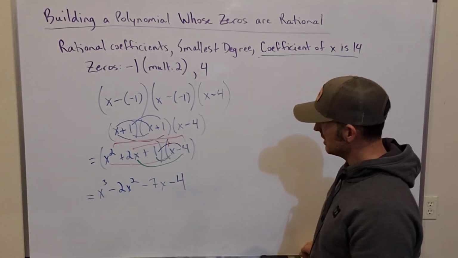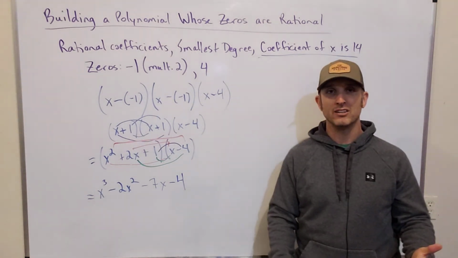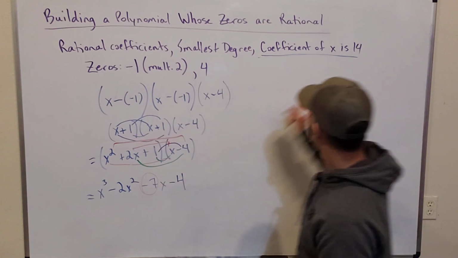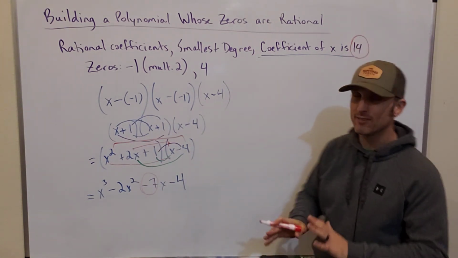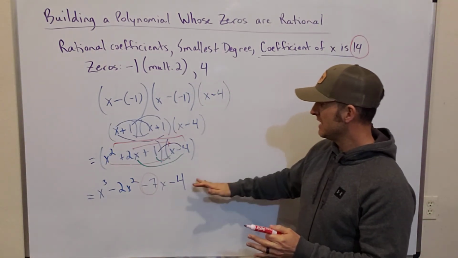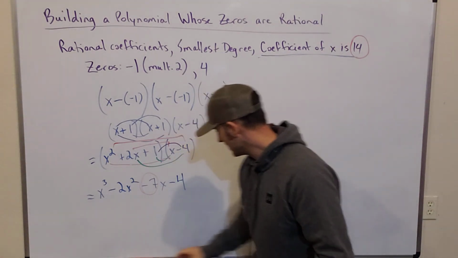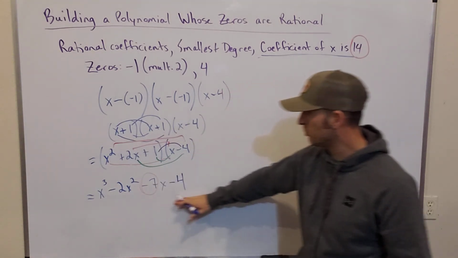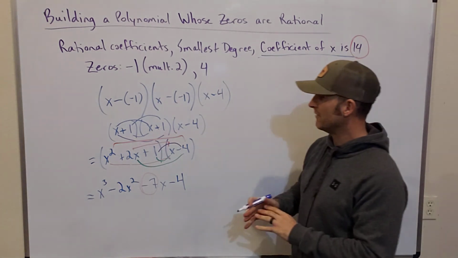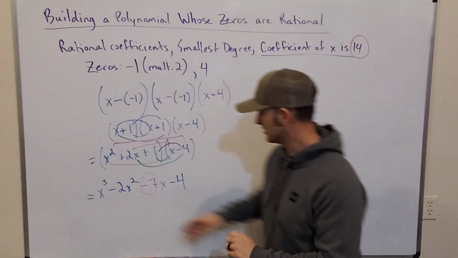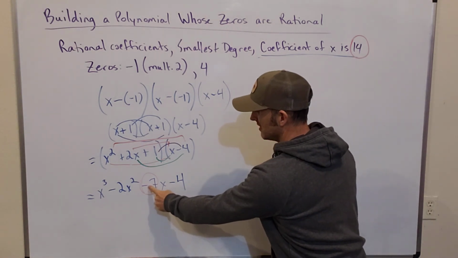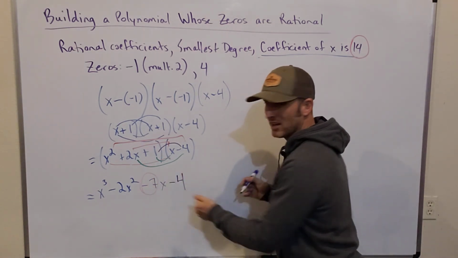Now, this would typically be our final answer, except we need this coefficient to be 14, okay? I can't just change it to a 14. What I need to do is, I can multiply this whole polynomial by any coefficient that I want. If I were to multiply this whole thing by -2, that's going to change my -7 to positive 14.